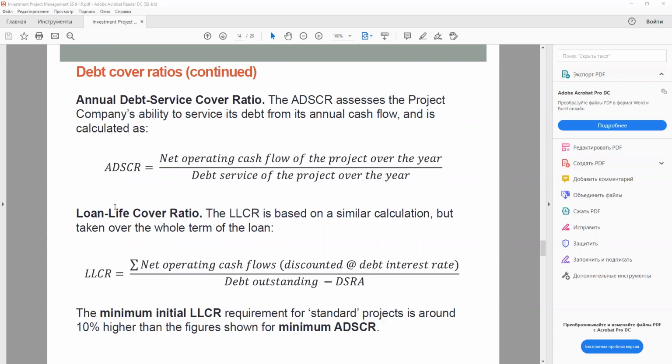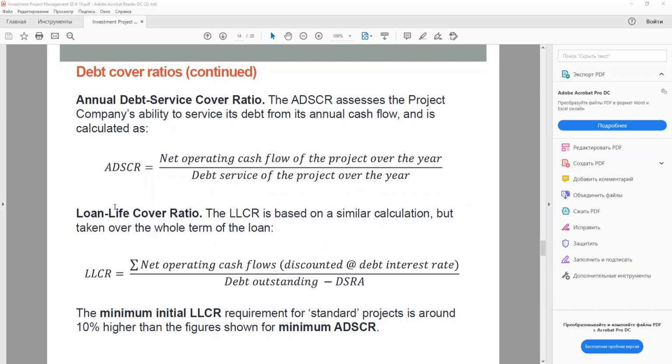Please keep in mind these three types of accounts I presented to you here: maintenance reserve account, other reserve accounts similar to the maintenance reserve account, and debt service reserve account. It's very important. These are accounts set up by the lenders, at the request of lenders, to provide some cushion for the investment.